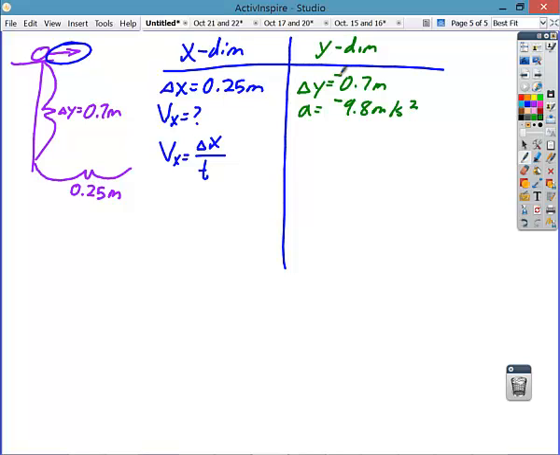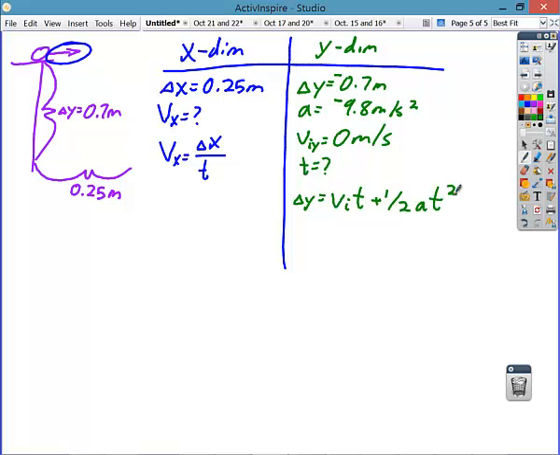It starts here, it ends down. So we make delta y negative. What's our initial velocity in the y? 0 meters per second. And we're looking for time. The only equation that fits is delta y is equal to vi times t plus 1/2 a t squared.